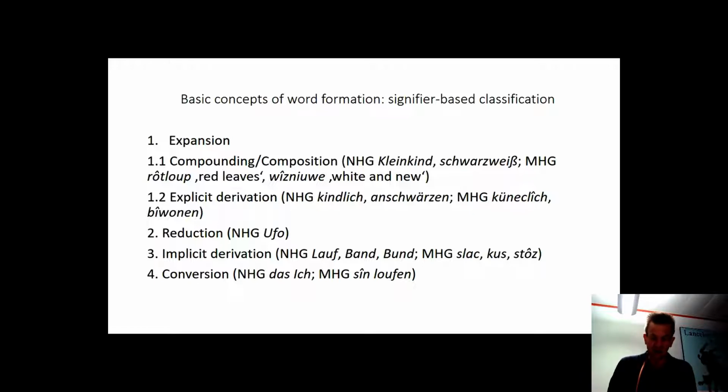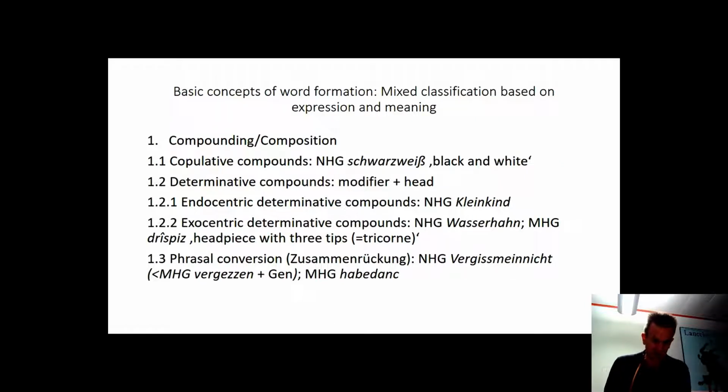The disadvantage lies in a lack of representativeness, as certain patterns of signifier expansion clearly dominate from the earliest point in the history of German. In order to take this fact into account, a mixed approach based on the distinction between the two most important basic types of word formation in German, composition and derivation, is often used to classify the patterns of German word formation.